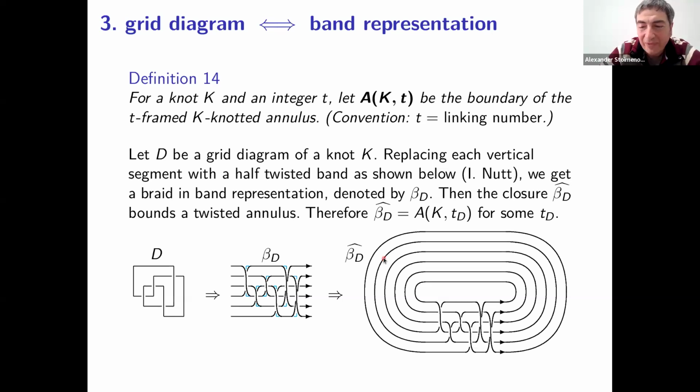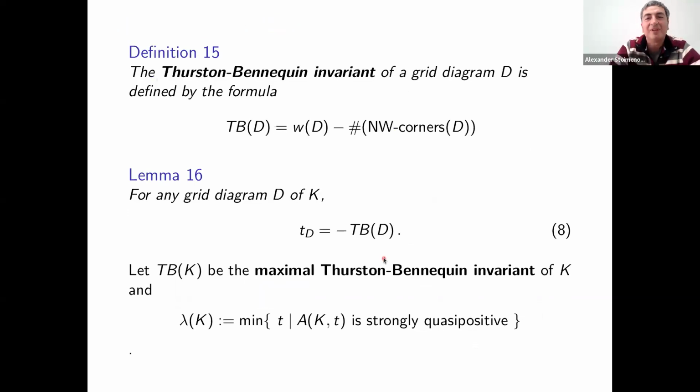And now the question is, what is T_D? And what it turns out to be is basically the Thurston-Bennequin number. So you can define the Thurston-Bennequin number for our purposes as the writhe minus the number of northwest corners of the grid diagram, or southeast corners. Okay.